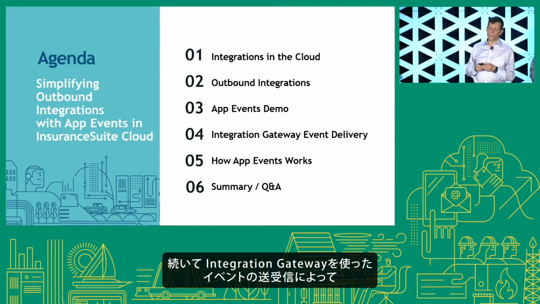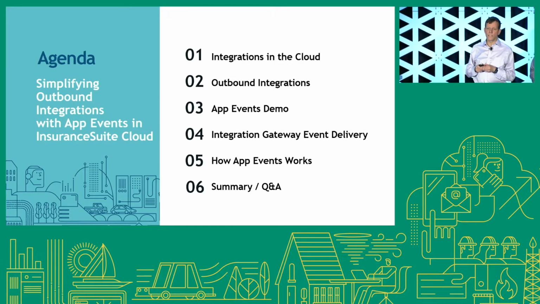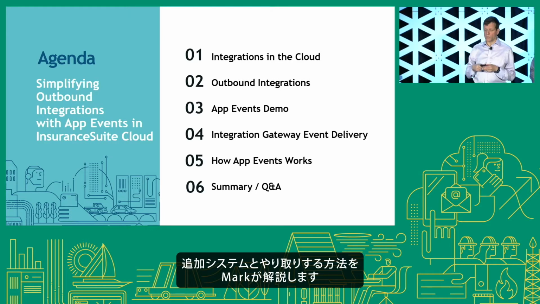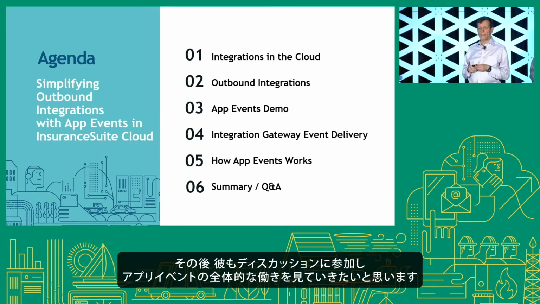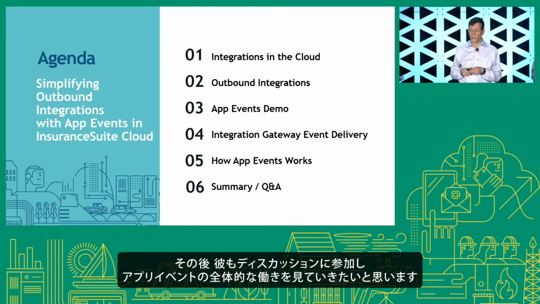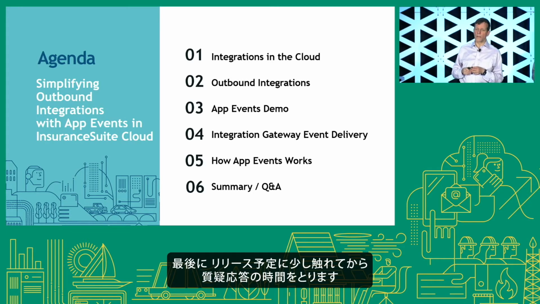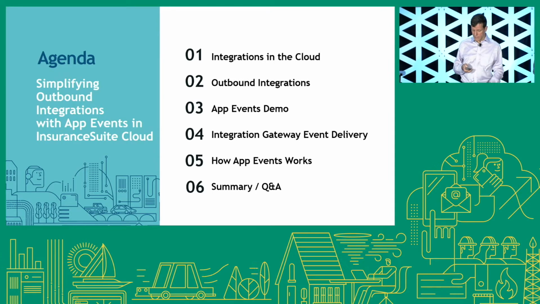Then Mark is going to talk to you about using Integration Gateway to deliver events to allow you to talk to additional kinds of systems. Then he's going to discuss how application events internals work, the under-the-hood view. Then we're going to talk a little bit on release timelines, and then get into some Q&A.